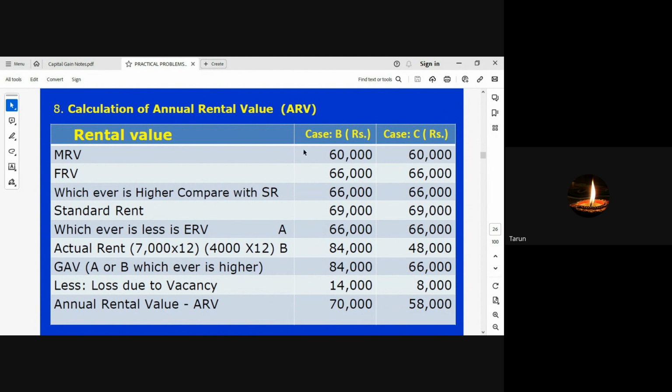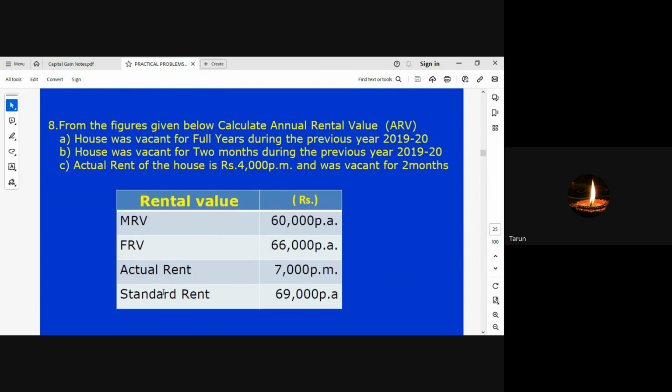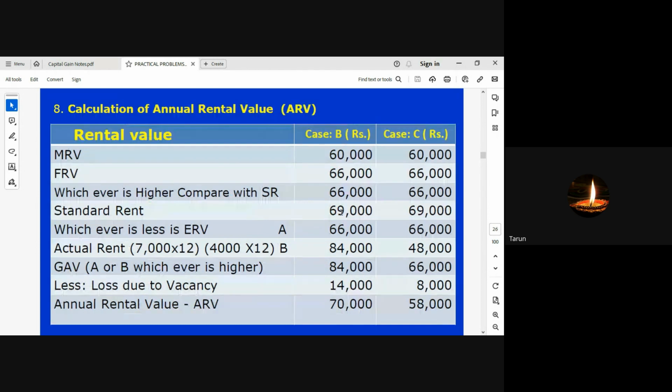The standard rent in case B is 69,000 per annum. Again we compare, and whichever is lesser is the expected rental value. So 66,000 is the expected rental value.